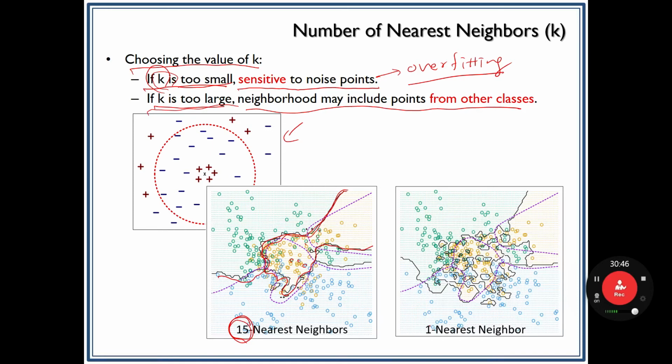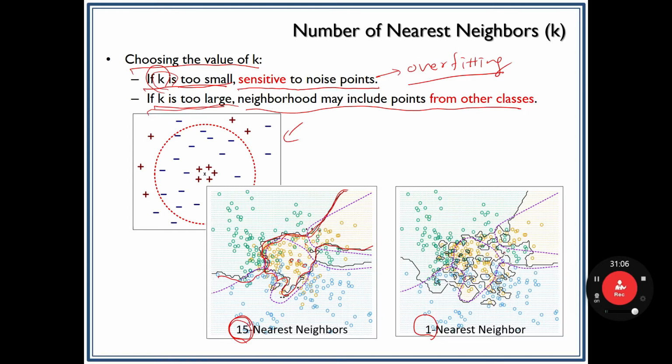If we set k to 1, which is a very small value, the decision boundary becomes very, very complex. So even though it works very well for this training set, the future classification may not be that good.